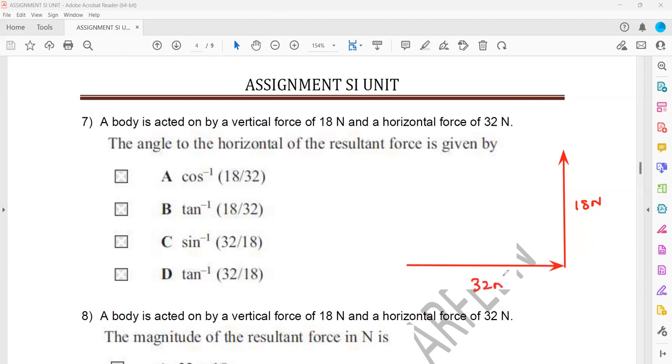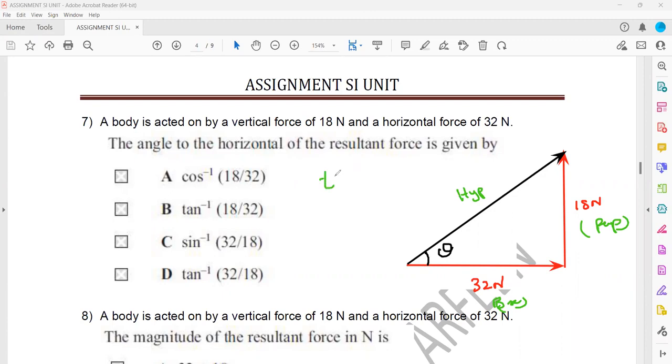As the two forces are perpendicular, to get the magnitude of the resultant, we'll use the Pythagoras theorem. And to get the angle with the horizontal, it will make a right angle triangle. As it's making a right angle triangle, we have hypotenuse, we have base, and we have perpendicular. So we have perpendicular and base.